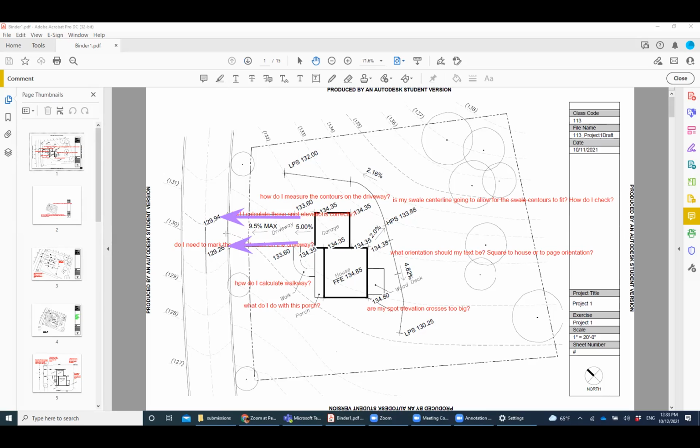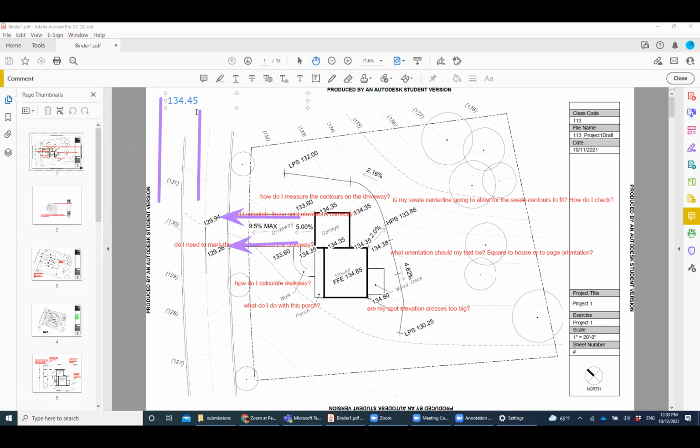If we separate it, this is one side of the driveway, this is the other side of the driveway. What we do know is this spot, which is your garage FFE. So right now we do need a garage FFE, so that we know if you have 134.35, that's your garage FFE.